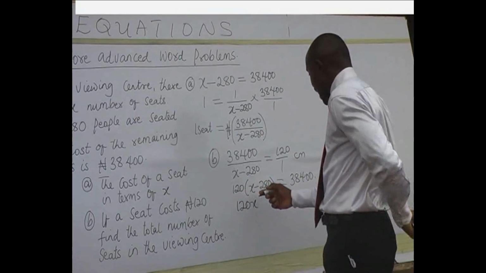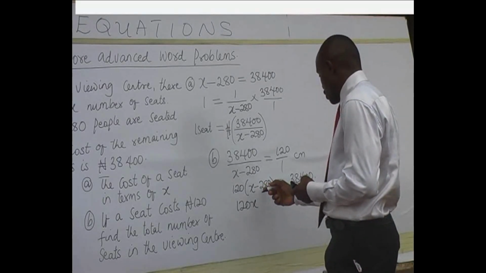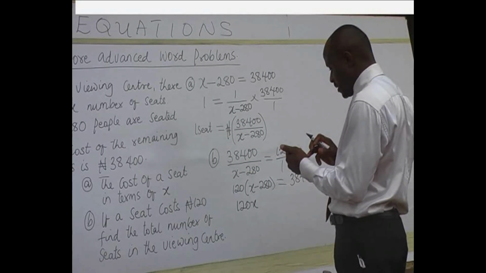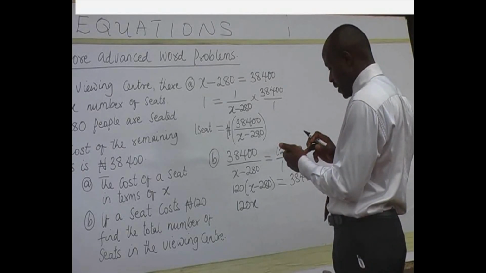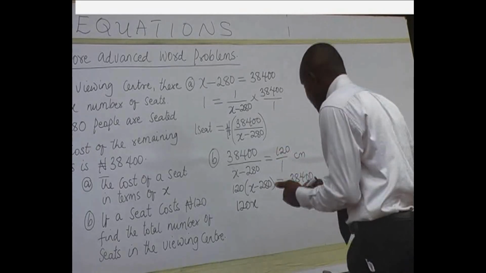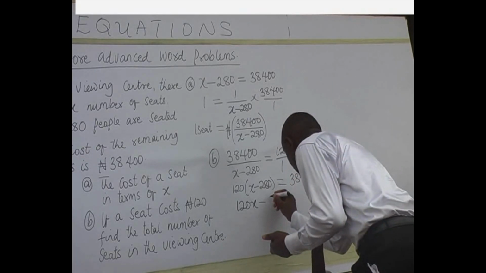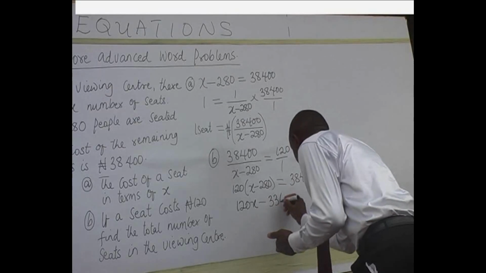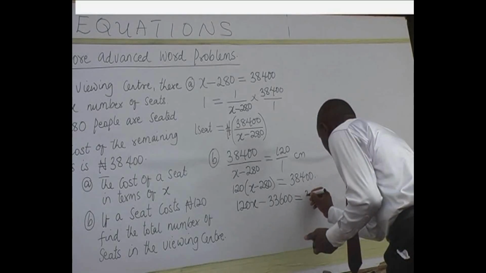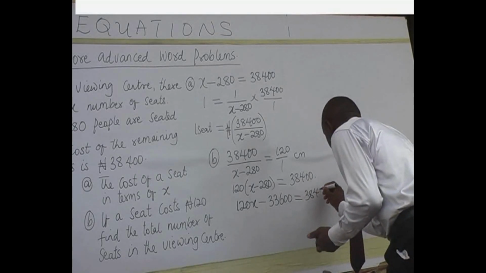Then 120 times minus 280 will give you minus 33,600. It's equal to 38,400.